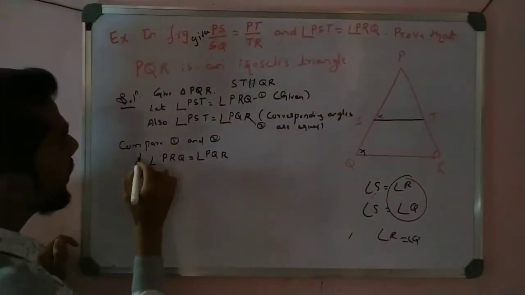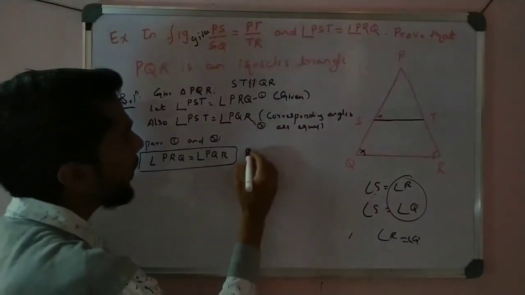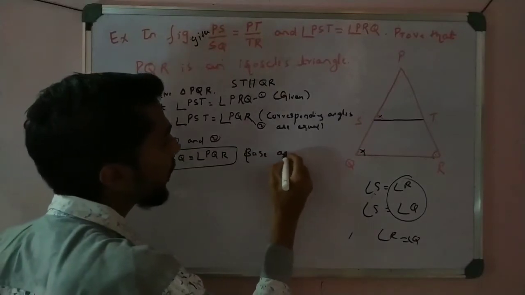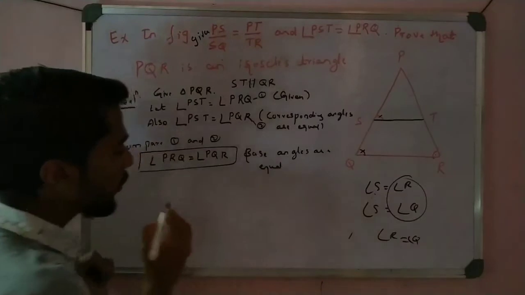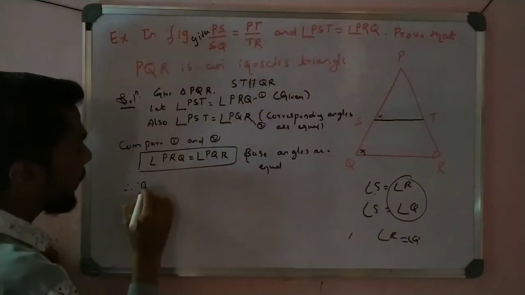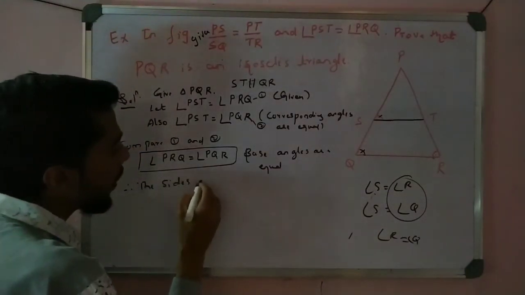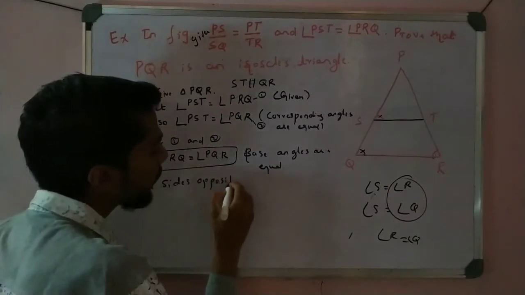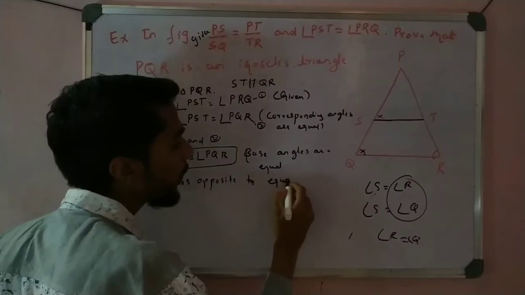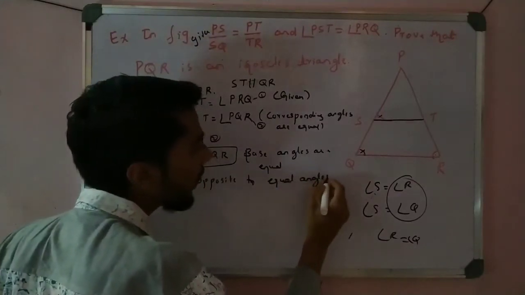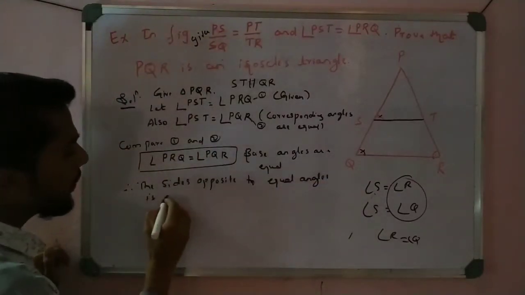Now we observe that the base angles are equal. Therefore the sides opposite to equal angles are also equal.